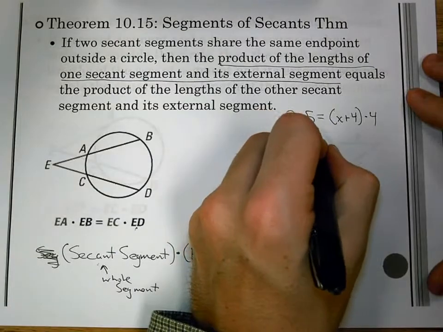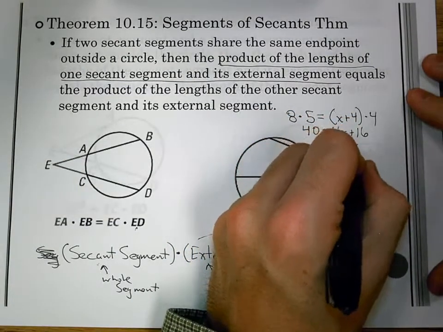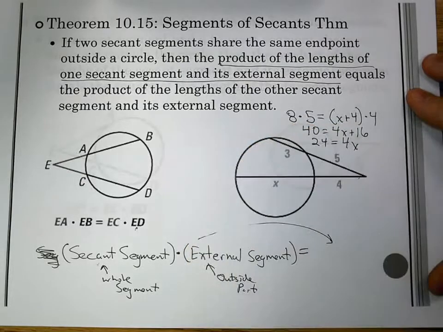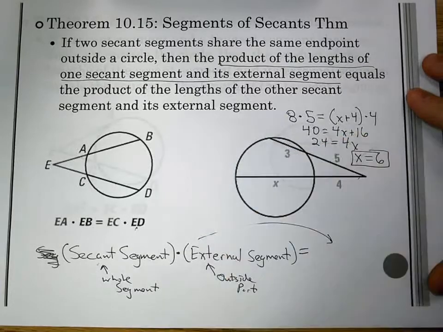That gives me 40 equals 4x plus 16, becomes 4x equals 24, and eventually we get x equals 6.